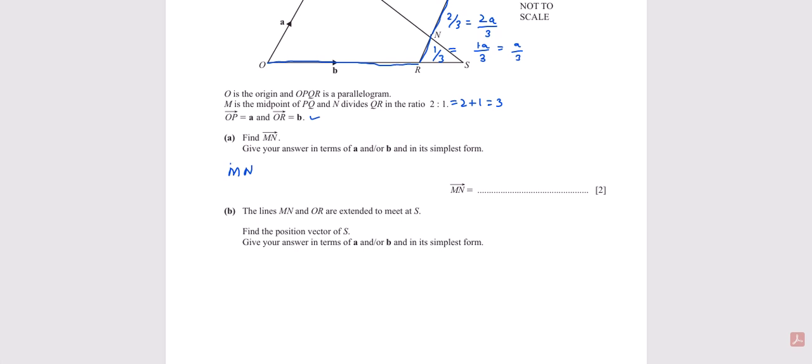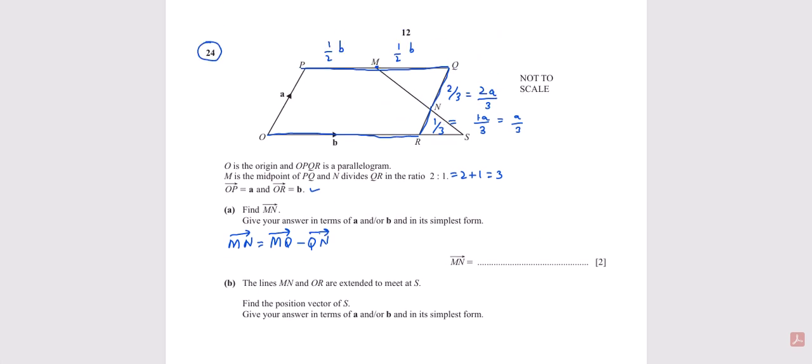So MN is equal to MQ minus QN, this line.